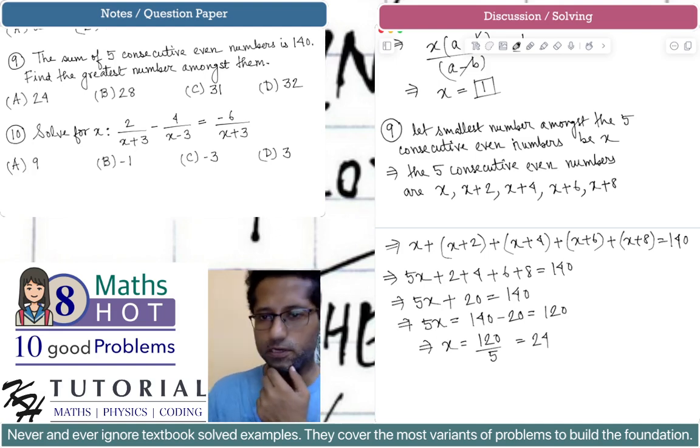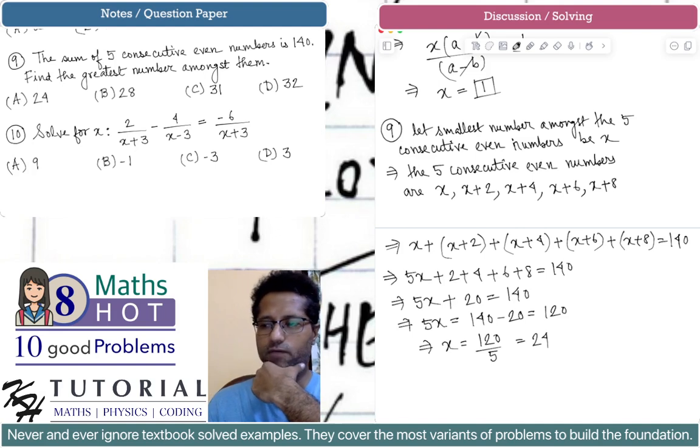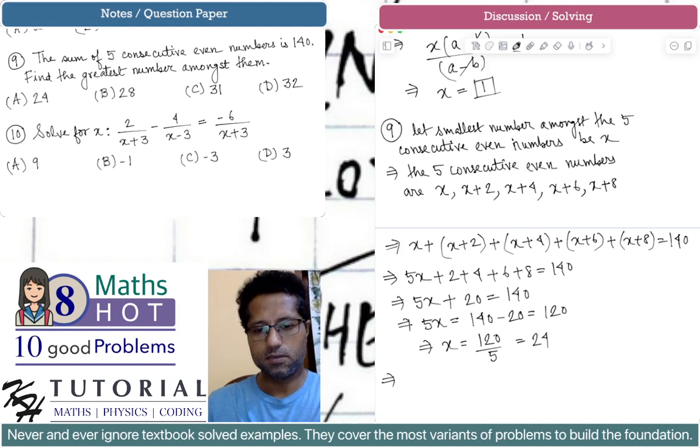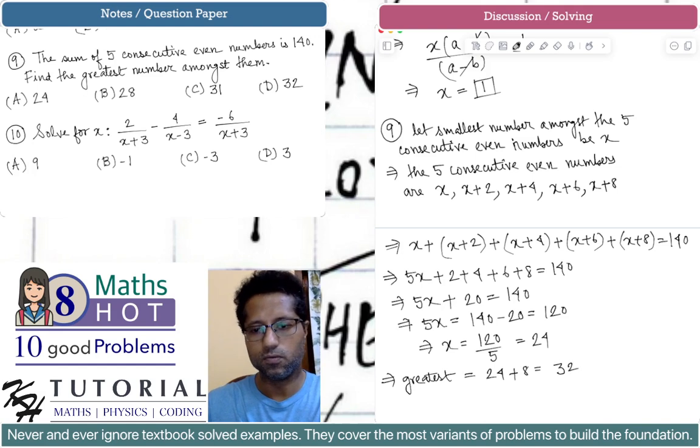X is 24. That is, the smallest even number amongst the 5 consecutive even numbers is 24, whose sum is given to be 140. So it has asked to find the greatest number amongst them. So the greatest is equal to x plus 8, which will be 24 plus 8, which is equal to 32.